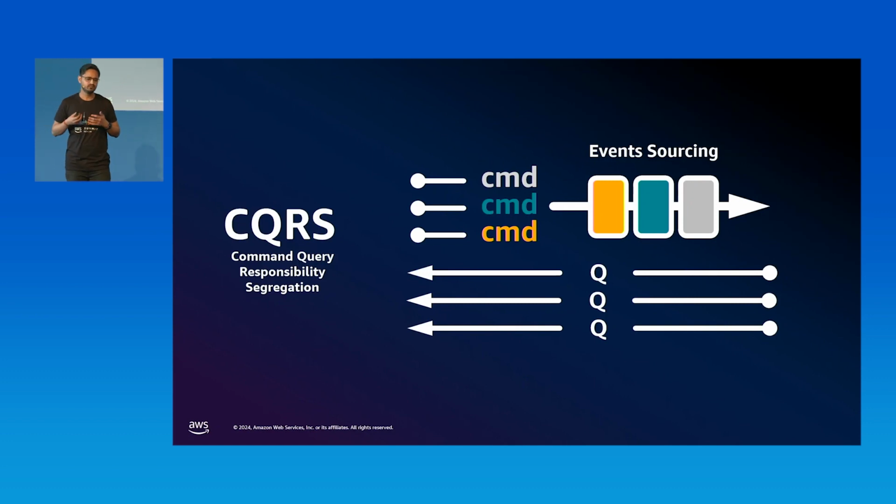And now, for the reads, for the queries, we generate the models you want to use for your different applications based on the event store model, and then create your own data store or multiple data stores, and your applications read directly from them. So you now have two different applications. One is responsible for commands, writing into some form of data store, and one is responsible for all the query operations.